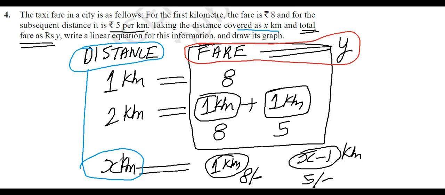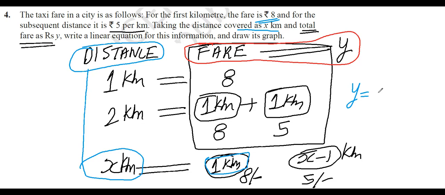Out of X kilometers, the first kilometer will be your 8 rupees, and the remaining distance, X minus 1 kilometer, will be calculated at ₹5 per kilometer. So here the value of Y will be what?